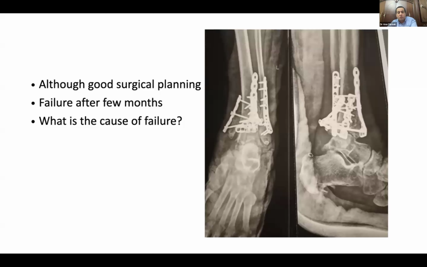The patient started weight bearing without telling her surgeon, and this is what happened right now. Maybe because, as you have said, the hemoglobin A1C wasn't optimum, and because she was non-compliant.